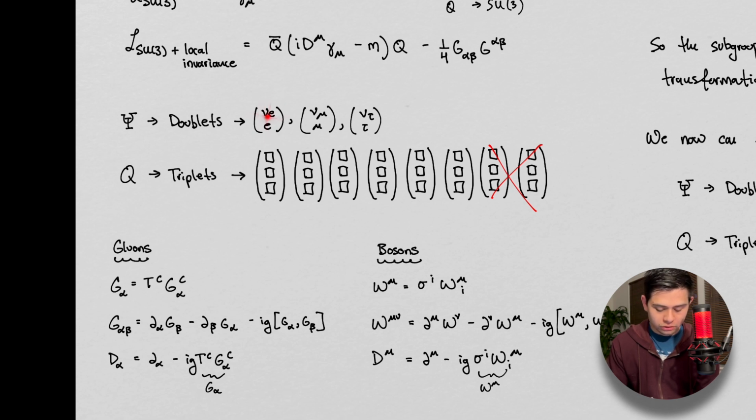So we had the electron neutrino, mu neutrino, and the tau neutrino. And these were three guys associated with three Pauli matrices, essentially, but those were encapsulated in these guys here.